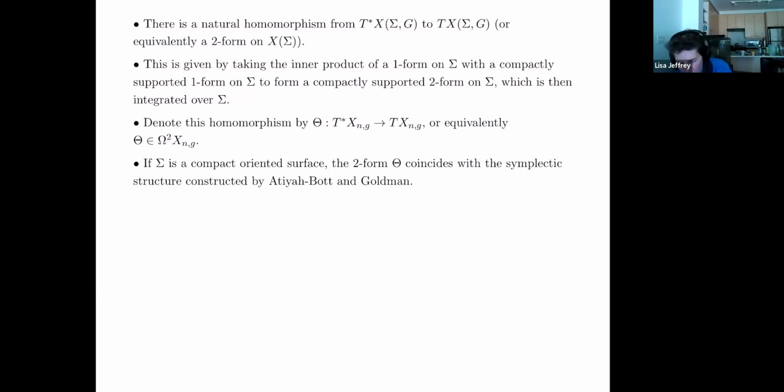We can denote this homomorphism by capital theta. Equivalently, you think of theta as a two form on X. If sigma is a compact oriented surface, then the two form theta coincides with the symplectic structure constructed by Atiyah-Bott and Goldman, which I mentioned already.